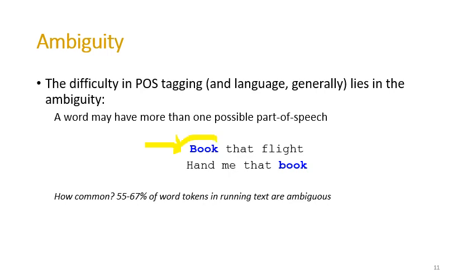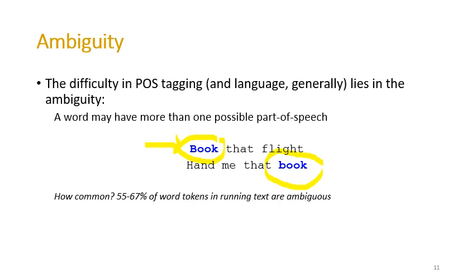Book here is an activity, a verb. But when you say hand me that book, book here is a noun. So the word book may have more than one possible part of speech. To know which one is correct for the word in that sentence, we have to see the context, the other words in that sequence.